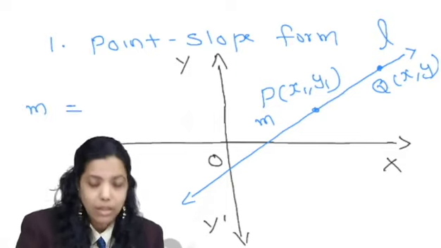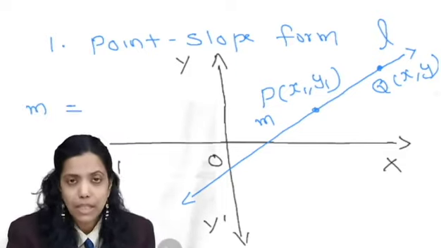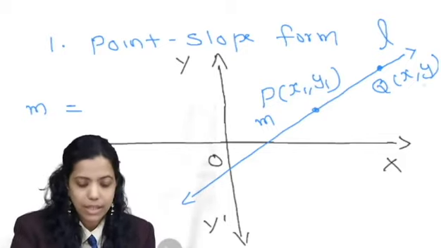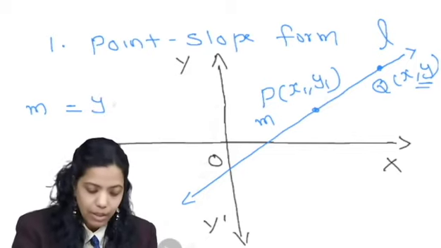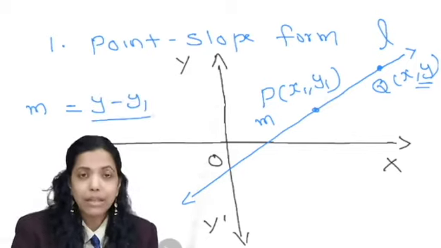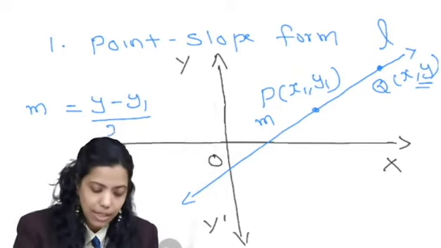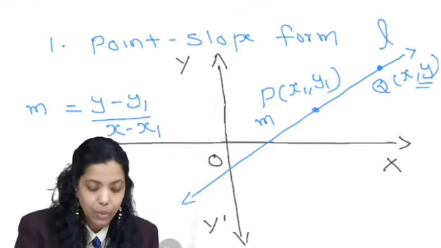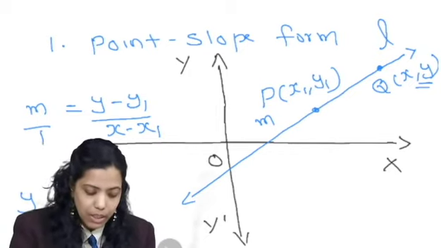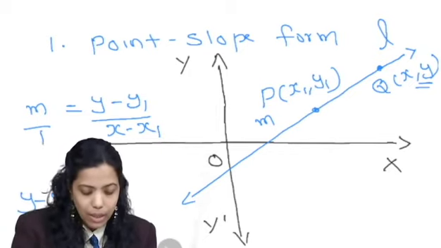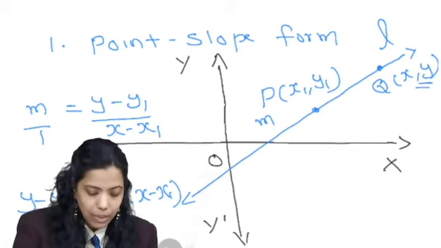M equals, as we know, the difference between the ordinates. If you consider the points P and Q, that is y minus y1 upon the difference between the abscissae, that is x minus x1. So we got the slope of the line, M. If you do the cross multiplication, we get y minus y1 equals M times x minus x1.